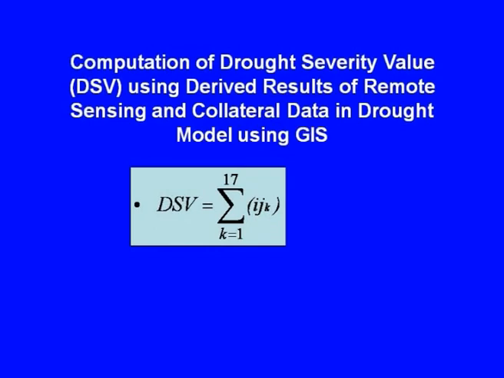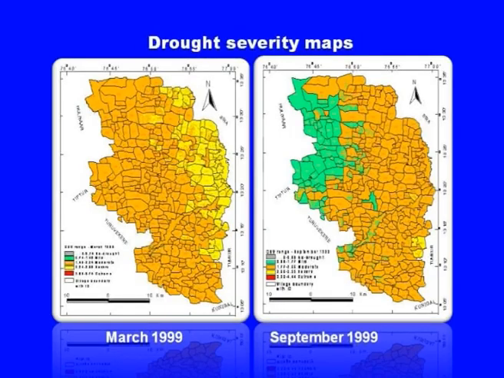Based on this information the computation of the drought severity index has been carried out, and using this index we can find out the drought severity map.